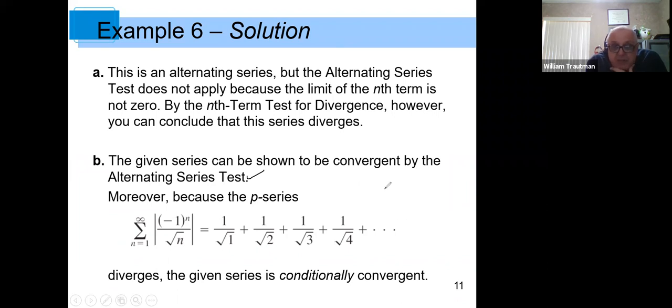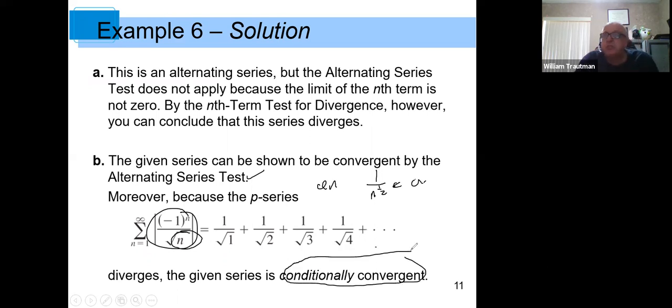But the p series part, the 1 over n to the 1/2, the a sub n part, diverges. So if you have the alternating series converge and the p series, the a sub n part, diverge, then we say this conditionally converges.